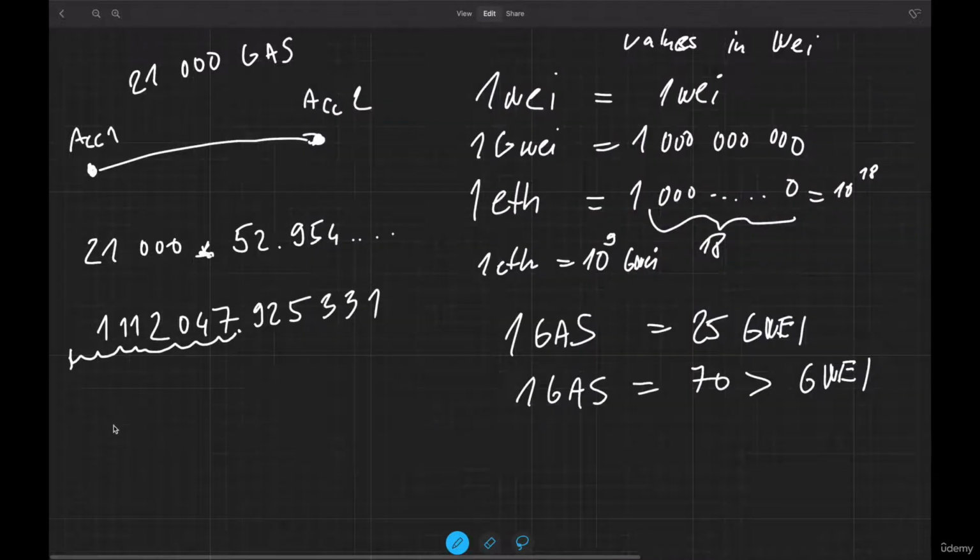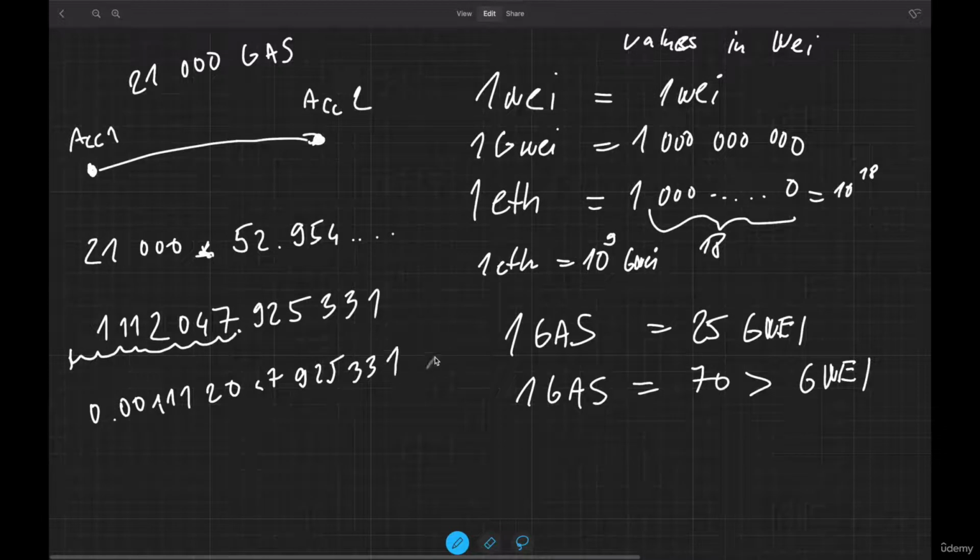Okay, so it will be 0.001047925331 of an ETH that I need to pay for a transaction. All right, so that's how much of an ETH I need to pay.